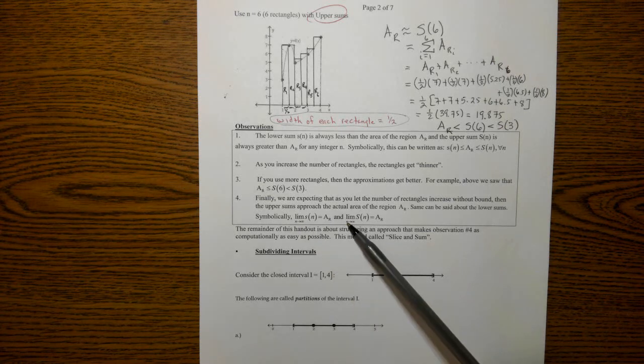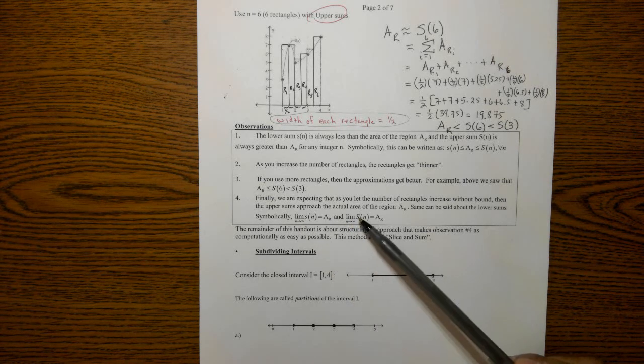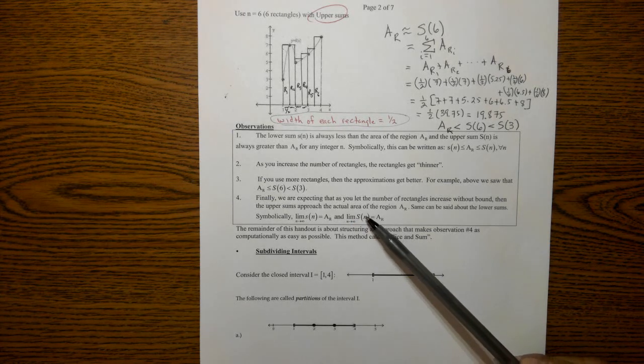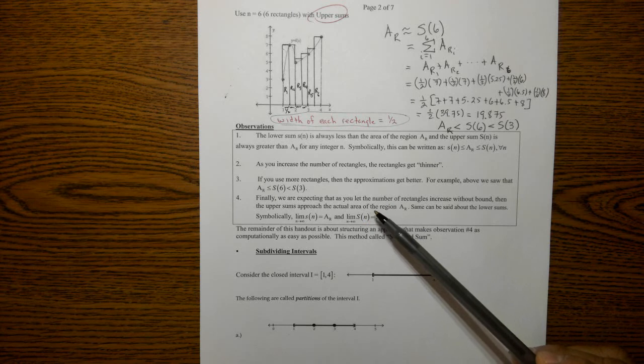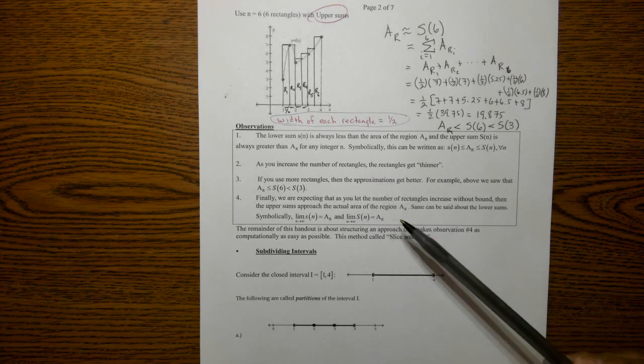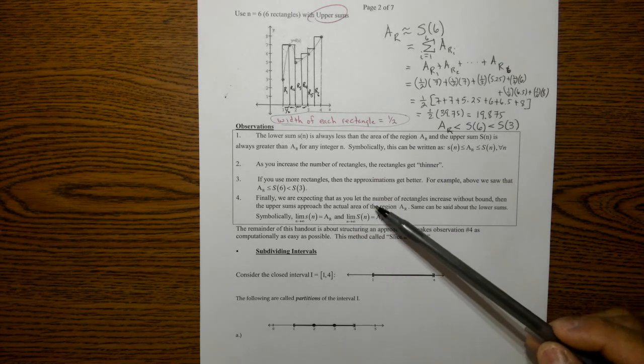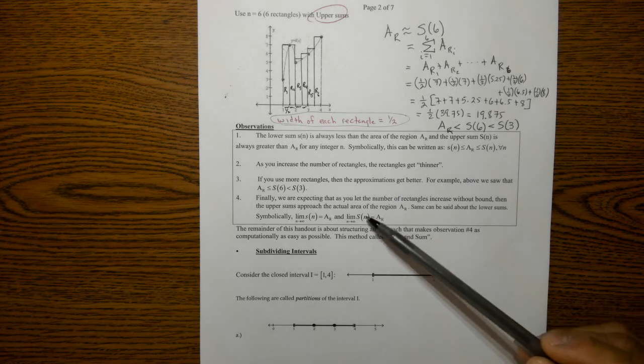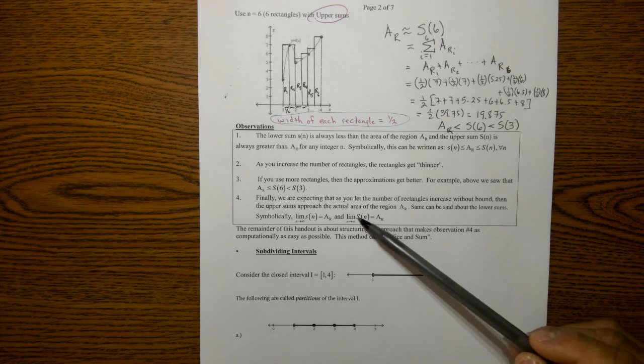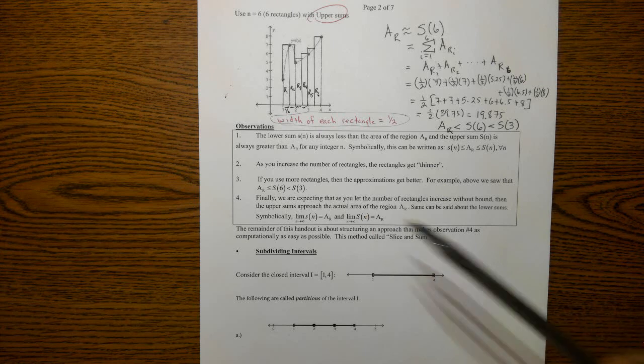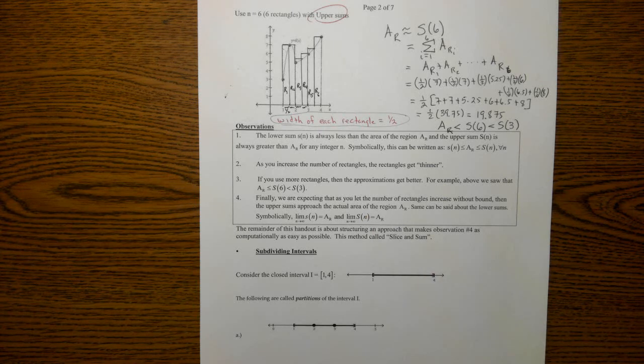We're going to let the number of rectangles increase without bound. There's no way you're going to be able to do this computation, how should I say, physically. So we have to use some of the previous work on summations and area, and limits, in order to figure this out. Okay, we'll continue here in a minute.